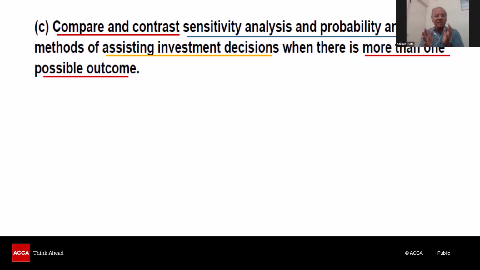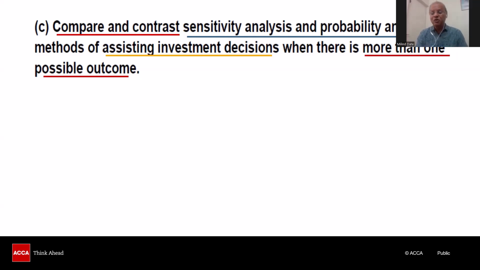Now, this is theory. What you need to do is to bring in the numbers from earlier calculations and the information that is given to you within the scenario, and then support that answer of yours with these numbers and other pieces of information.